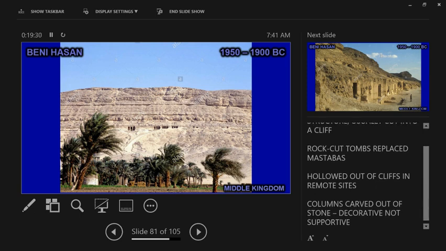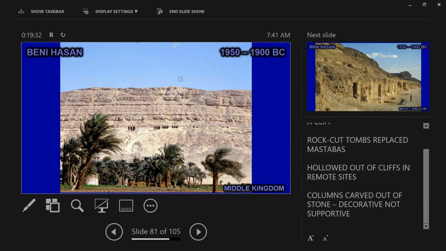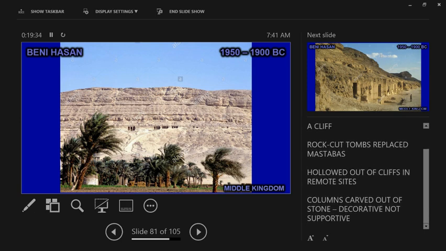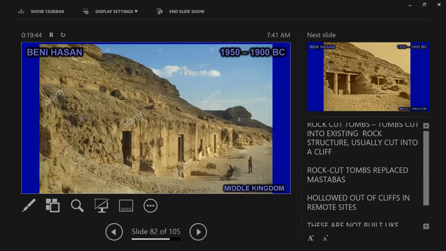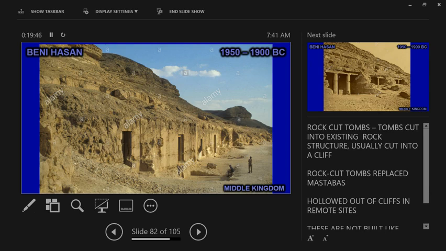And rock cut tombs replaced mastabas. They hollowed out the cliffs in remote sites, and the columns that are on the inside are carved out of stone. They are decorative, not supportive. So if we get a little bit closer, there is no fanfare. Even if you were right here, this wouldn't look like anything special. It wouldn't look like anything was buried here.